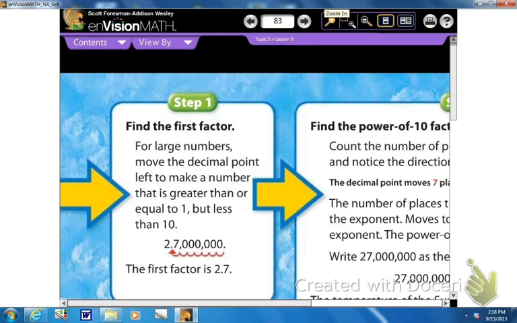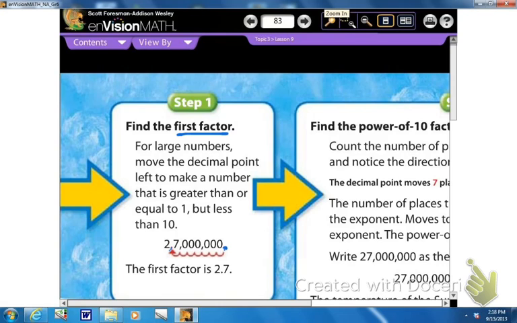So step 1 says find the first factor here. For large numbers, move the decimal point to the left to make a number that is greater than or equal to 1, but less than 10. So here is our decimal place because 27 million was a whole number. And they move it all the way over to be right here between the 2 and the 7.